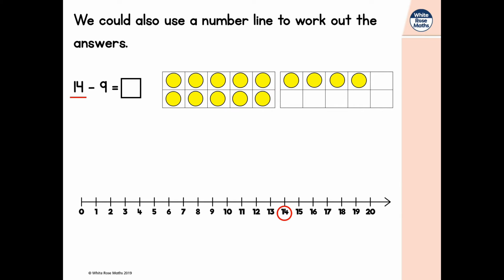When will we know when to stop? Well, we'd count back 9. 1, 2, 3, 4, 5, 6, 7, 8, 9. And what number do we land on? 5. 14 take away 9 is 5.